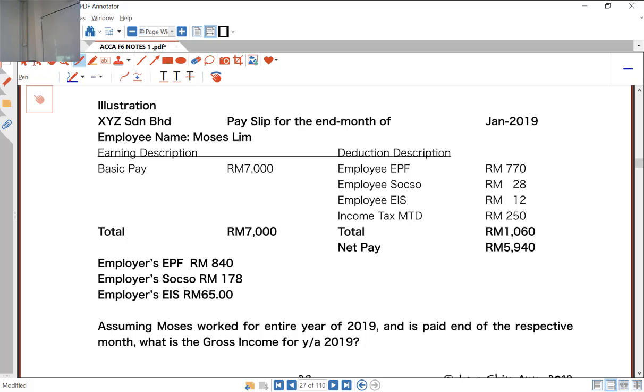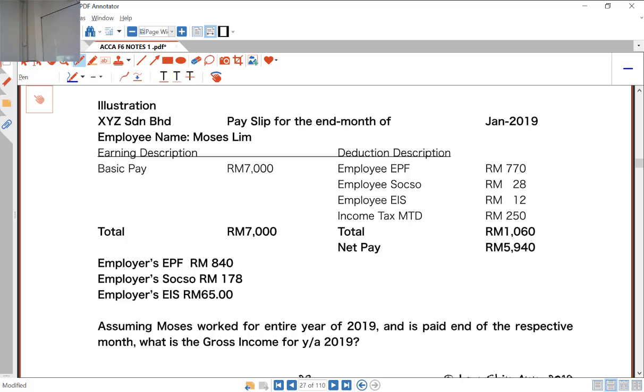It's gone because 770 has to go to EPF. The government forces you to save up money so that when you are old, you're not broke. You must pay SOCSO, because SOCSO is where your insurance comes in. And now we also have EIS. Do you know what EIS is?